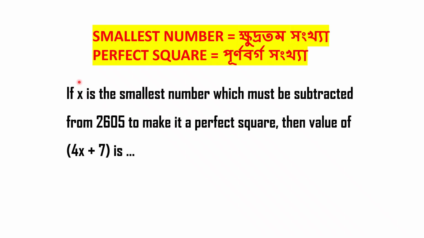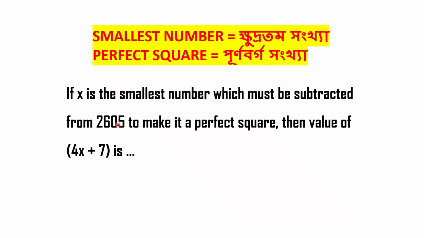So x হচ্ছে সবথেকে ছোট smallest number, এটা minus করলে if you subtract x, then it will be a perfect square, একটা পূর্ণ বর্গ, like 4, 9, 16, 25, perfect square if you subtract x.